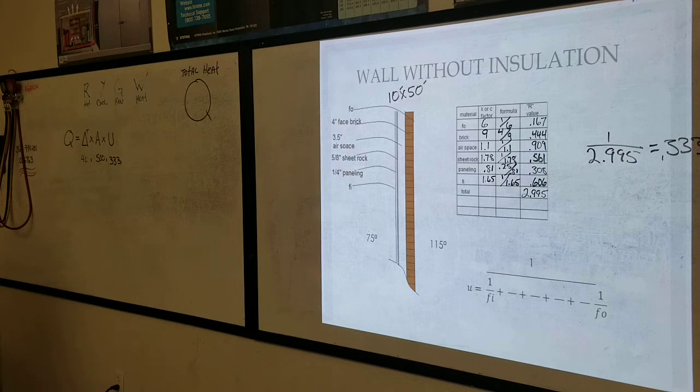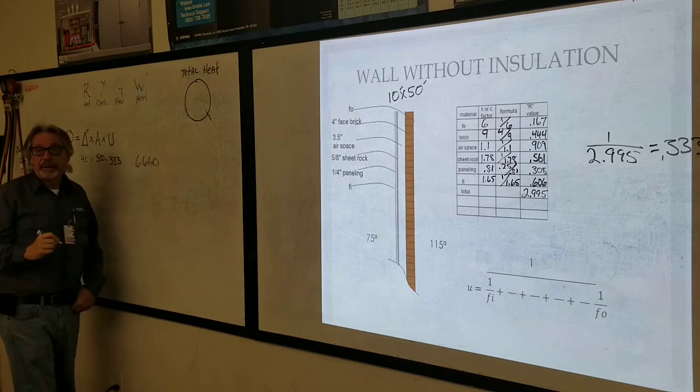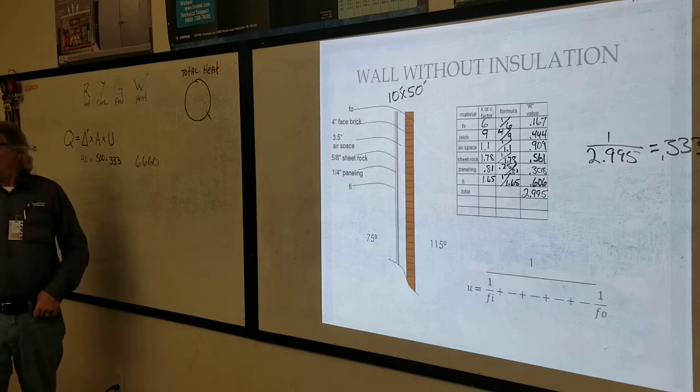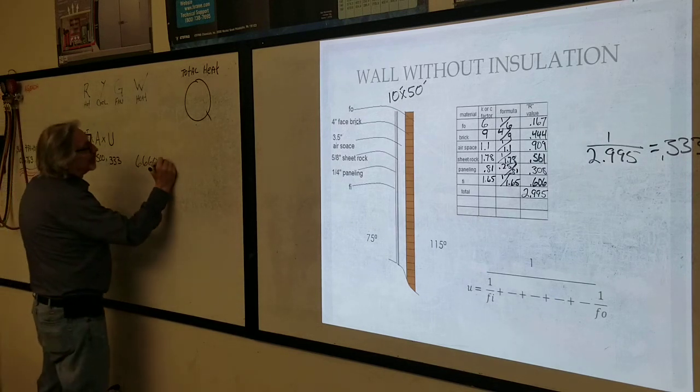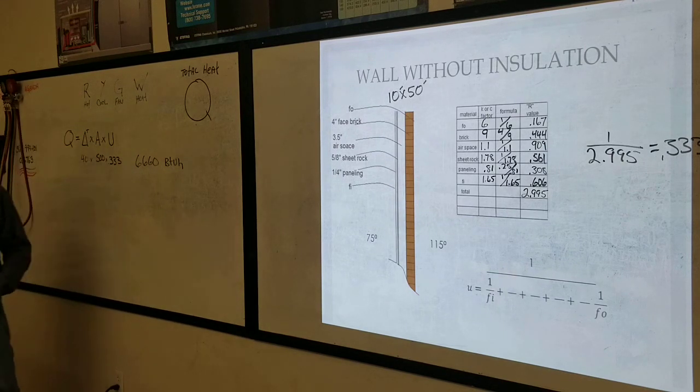6,660 BTUs per hour. So that one wall, how many BTUs are in a ton? 12,000.